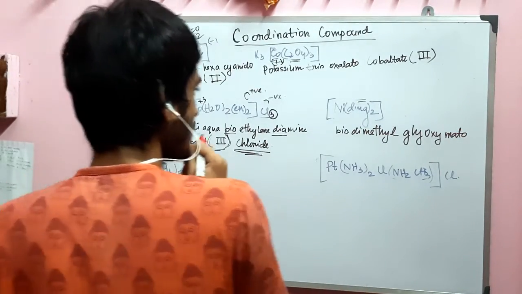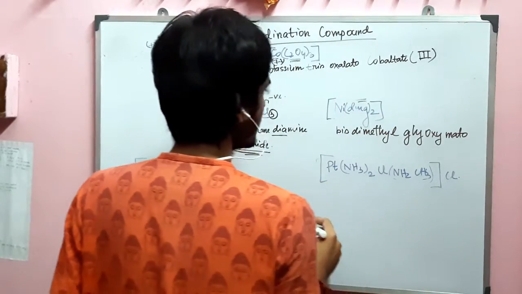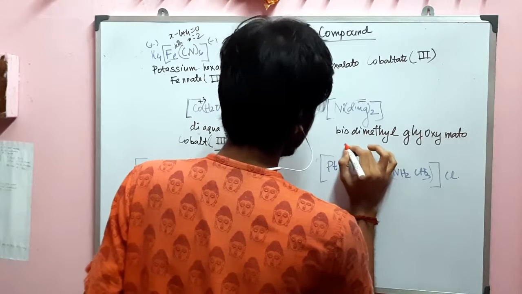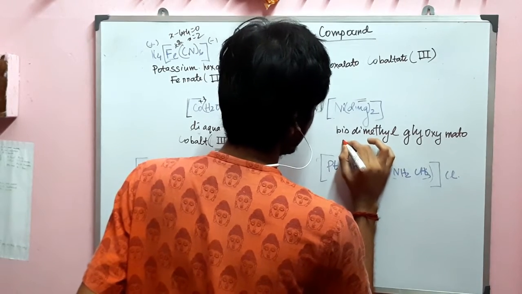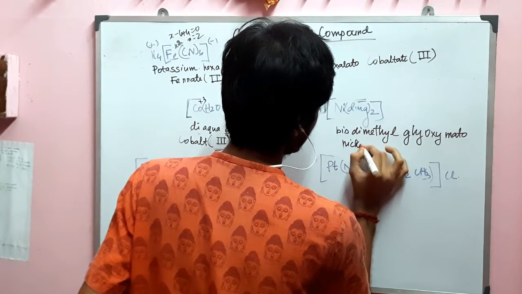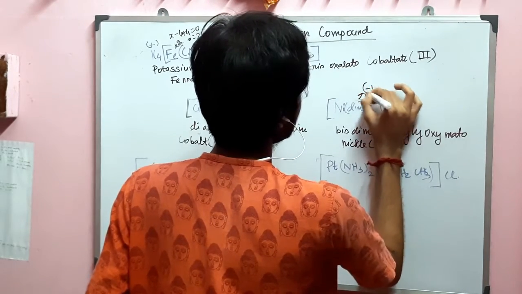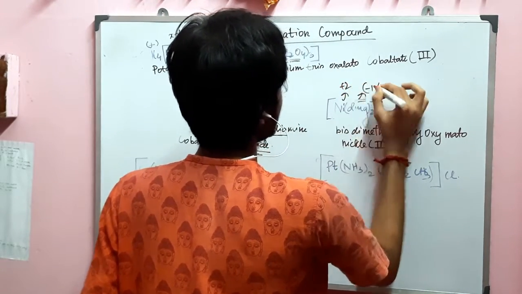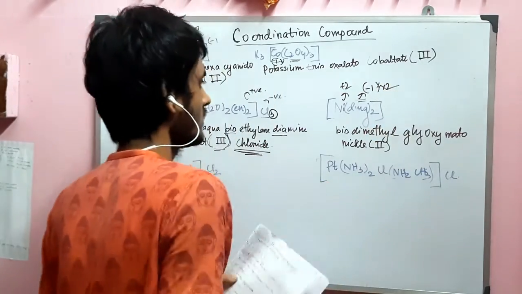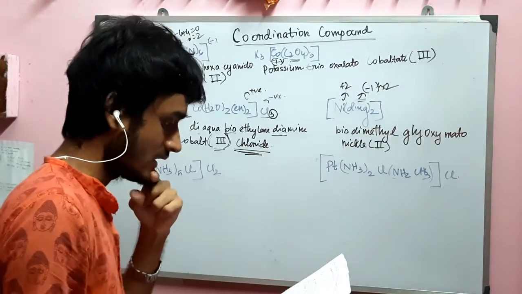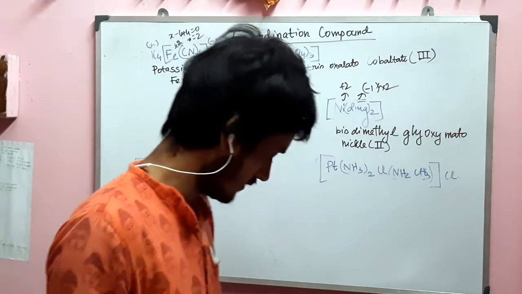Because it is an anionic ligand and the coordination sphere has no charge, so no modification in the name of nickel. Nickel(II), because this is -1 charged, so this has to be +2 charge, because -1 into 2 is -2.